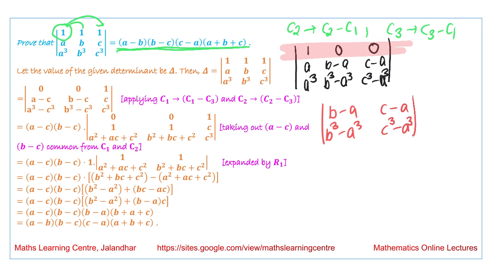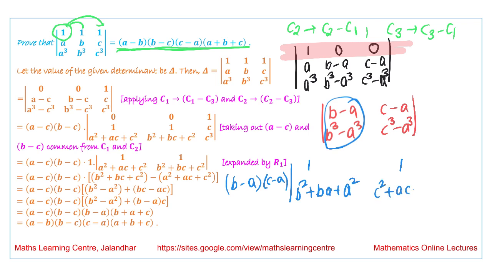Now either you cross multiply these terms, so you open the determinant, or what operation we can perform is, from these two terms, we are writing b minus a common, we are left with 1, b cube minus a cube, the formula we will have is b square plus ba plus a square. Next we are taking c minus a common, we are left with 1, c square plus ac plus a square.